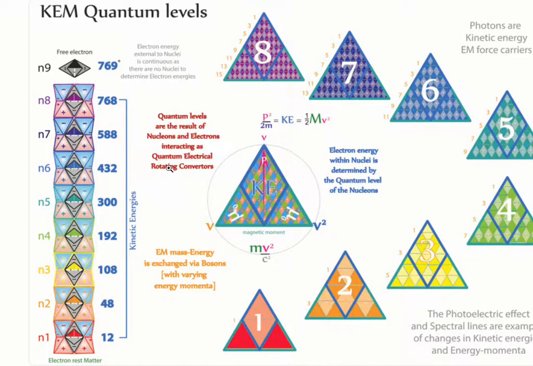And again, in the case of bound electrons, this linear momentum that results from the quantized energy momenta of the field is converted into a rotational angular momentum for bound electrons.